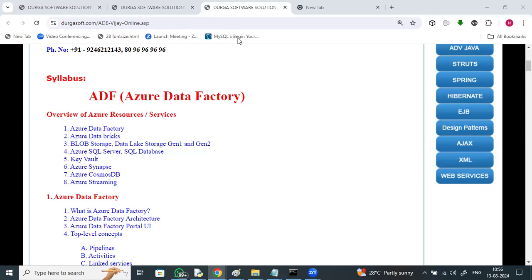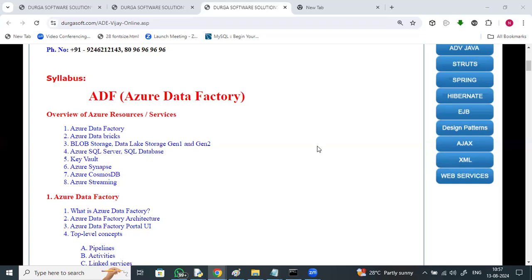And how long will it take to complete Azure Data Factory? How many days? Azure Databricks takes 1 month, so 30 days. ADF, most of the students will be attending parallelly whenever a new ADB batch starts.